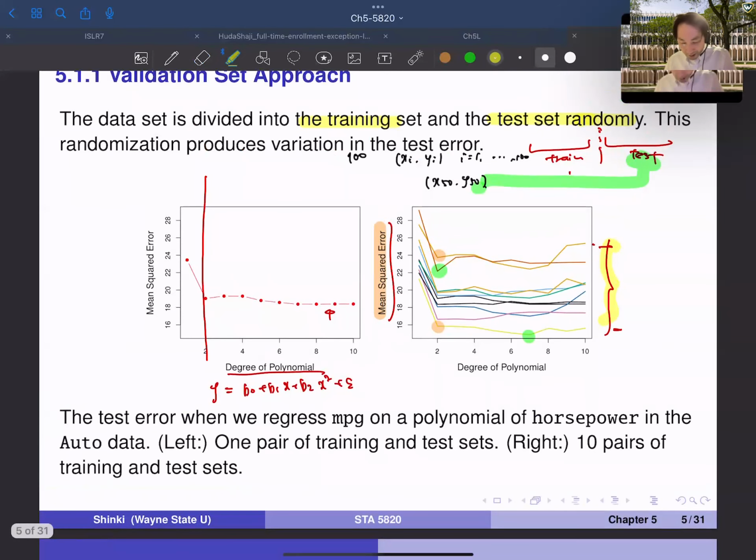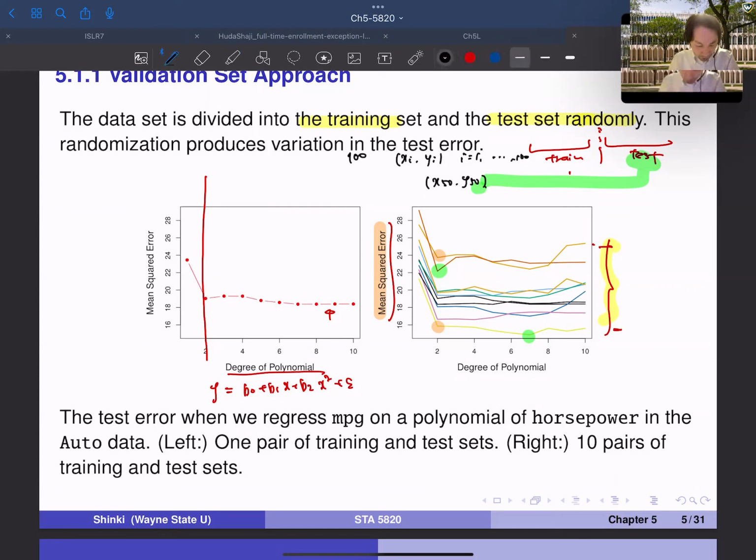Yeah, so it's surprisingly large variability. It doesn't specify how many observations there are, but I think this is the horsepower in the auto data, so probably only hundreds of data points. I think this is library ISLR and the Auto data set, which has 392 observations.